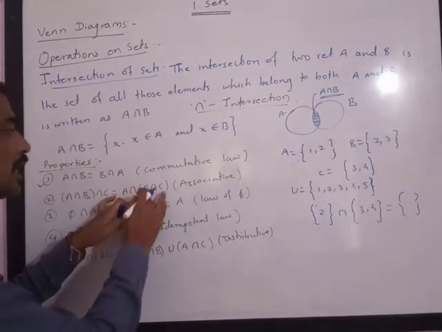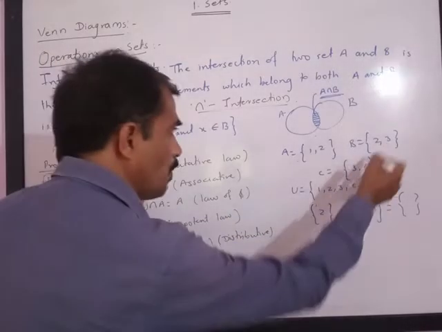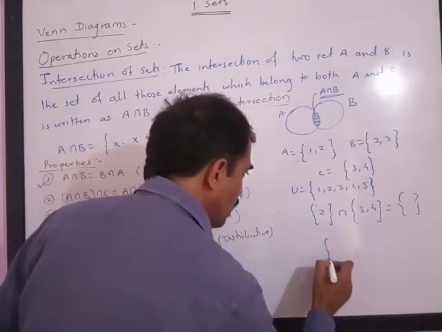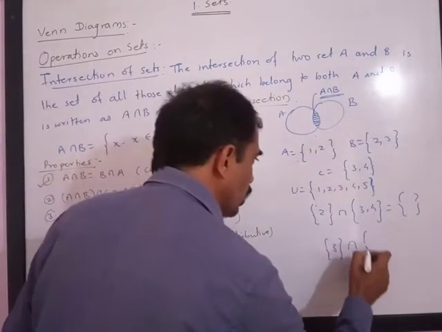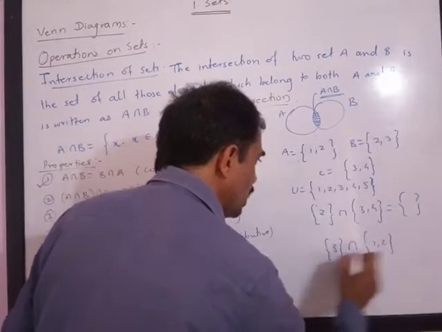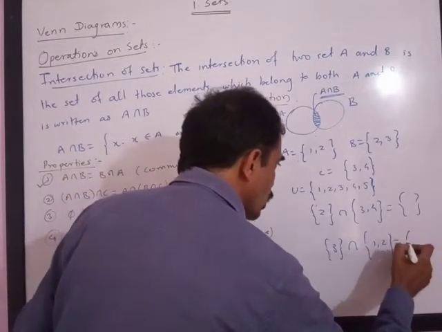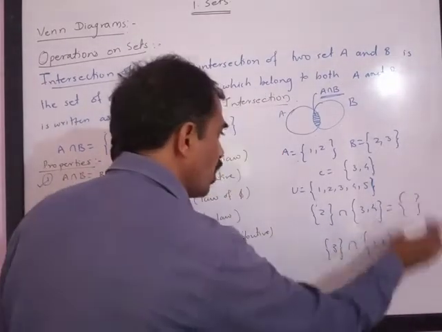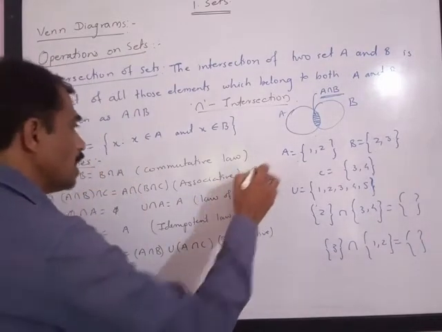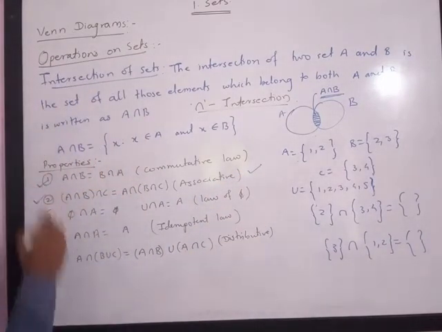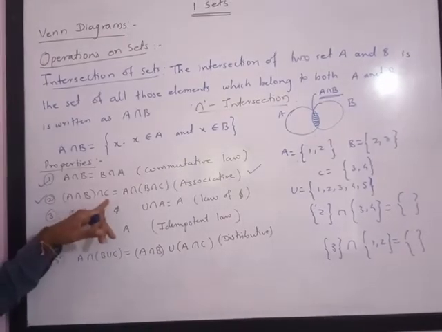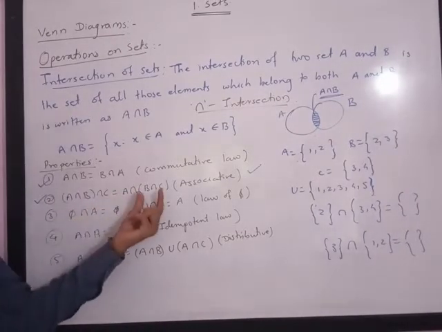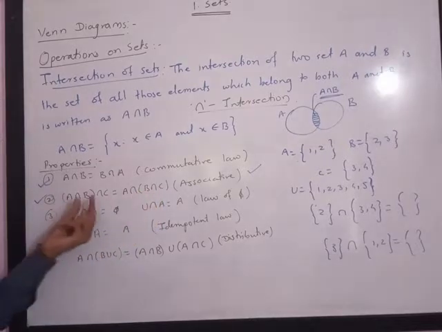Now B ∩ C, the common element is 3, and its intersection with A, that is {1, 2}: again there is no common element, so it is a null set. In this case we have got both the null sets, so we can say that the associative property is also true for intersection, that is (A ∩ B) ∩ C and A ∩ (B ∩ C) are equal.